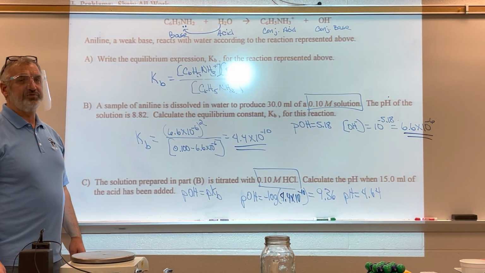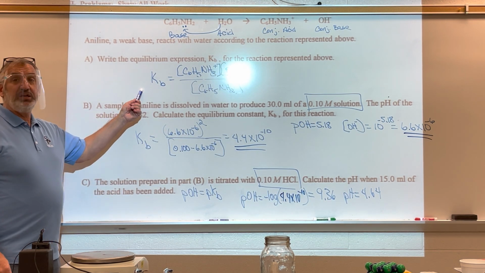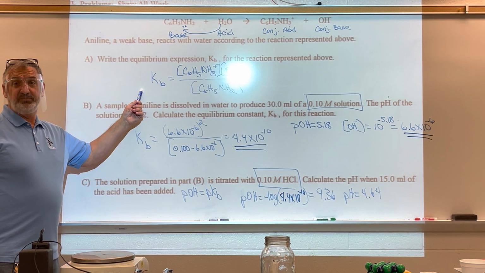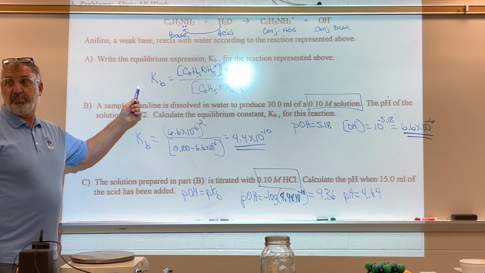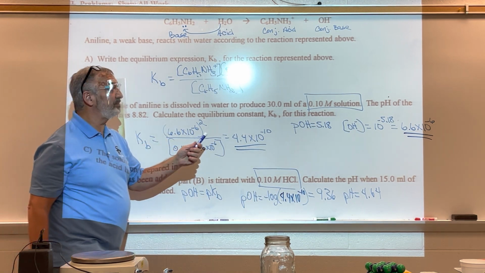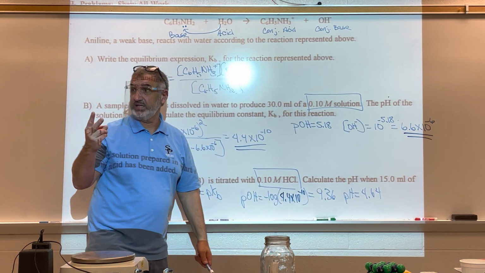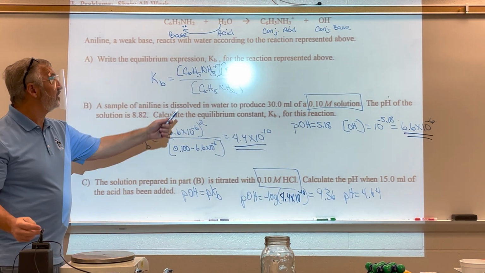Thank you for showing that. Equilibrium expression. We should all know how to do that. We've been doing that for a month and a half now, okay? Calculating Kb. Just always remember, when you're given the pH, you're given the H plus and the OH minus, so you automatically know what these are.